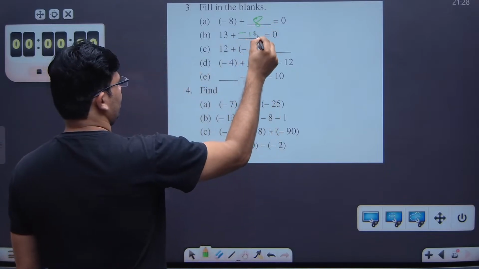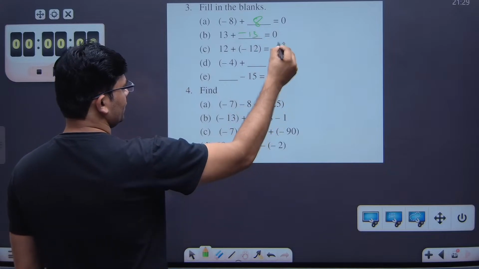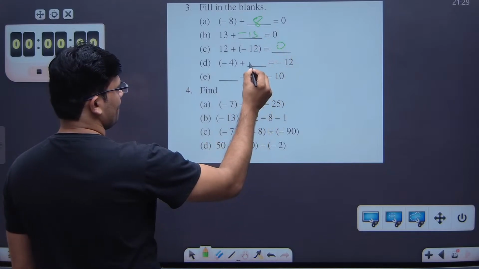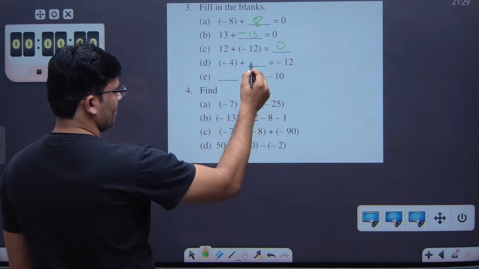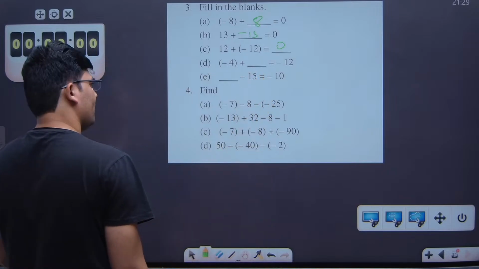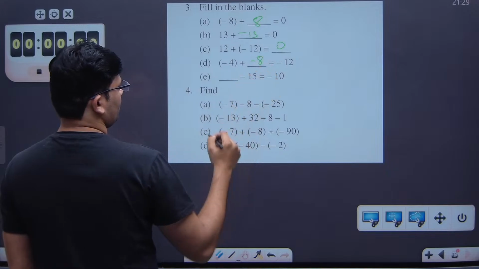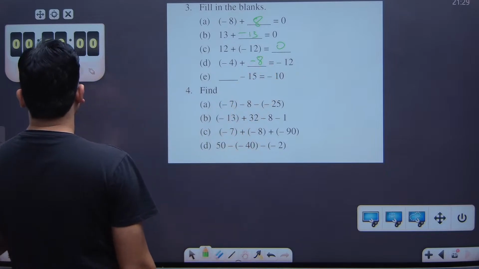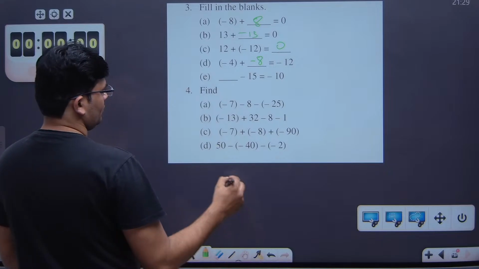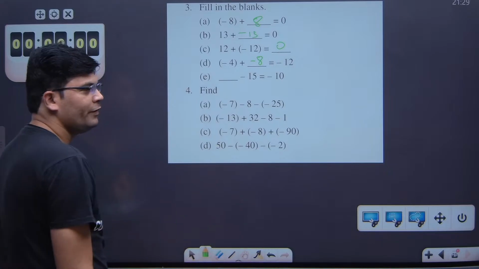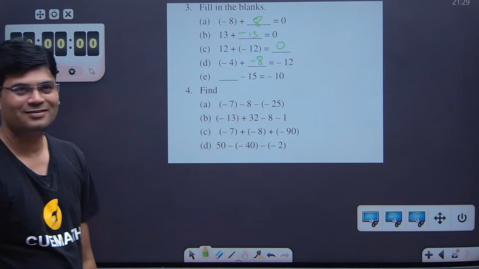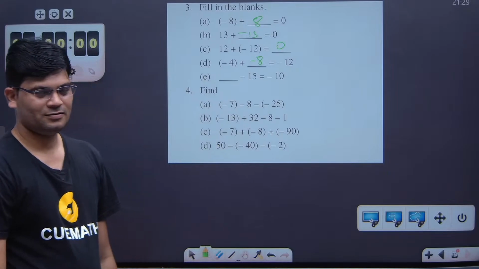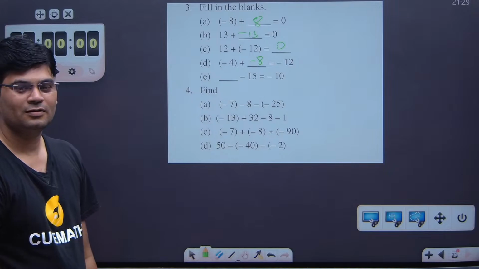Then minus 8. Very good. The next one is 25. How did you get 25? Oh dear, no, it's minus 10. Okay, I didn't see that. It's just kind of glaring. Okay.